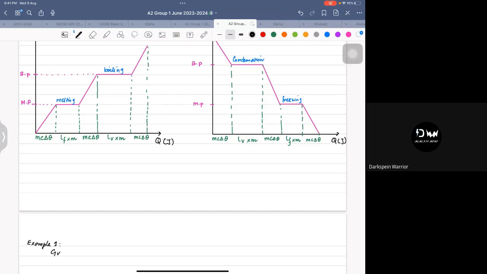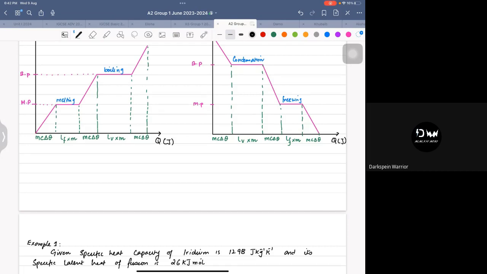It says, given specific heat capacity of iridium is 1298 joules per kilogram per Kelvin, and its specific latent heat of fusion is 26 kilojoules per mole, like that.